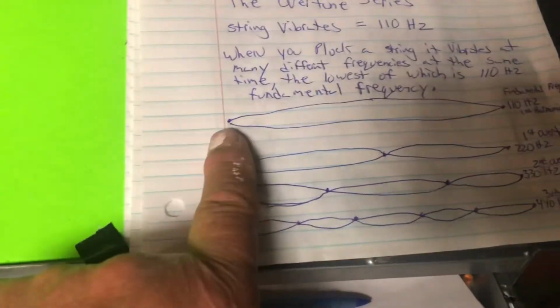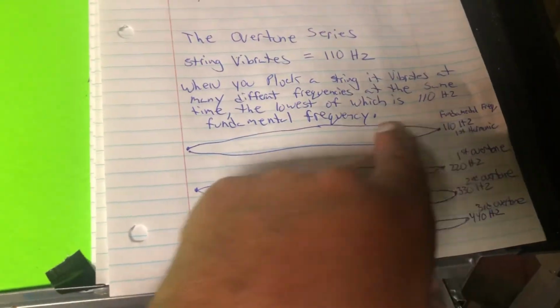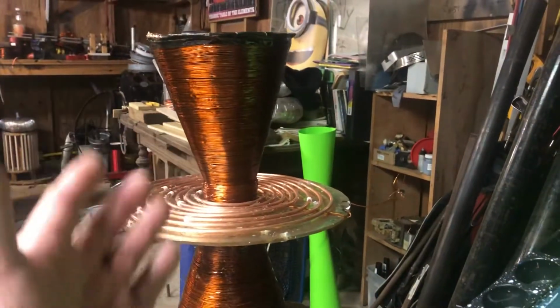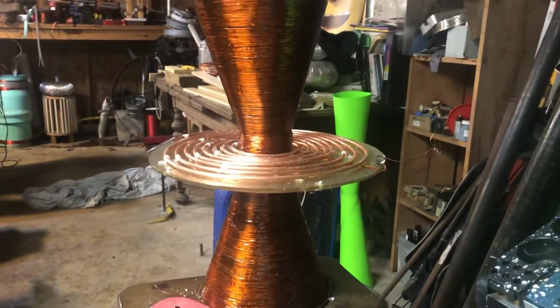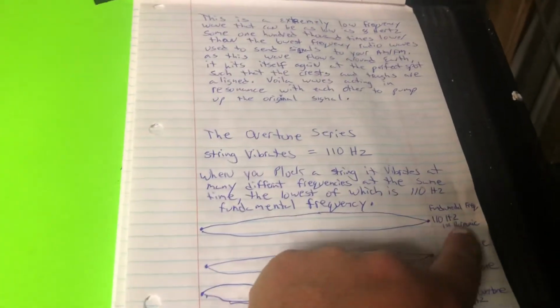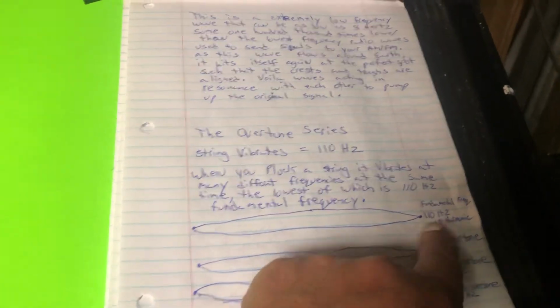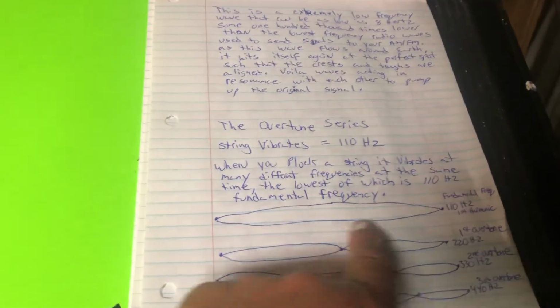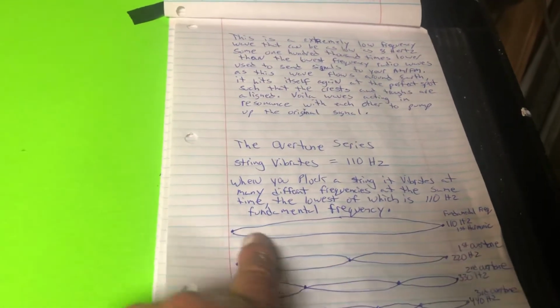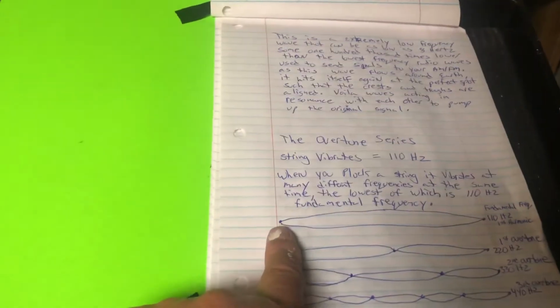Here, from one point to another, is the length of the wire of the string, or in this case, the length of the wire of your electrical system. This is 110 hertz, our fundamental frequency, and this is your first harmonic, okay? One end to the other.